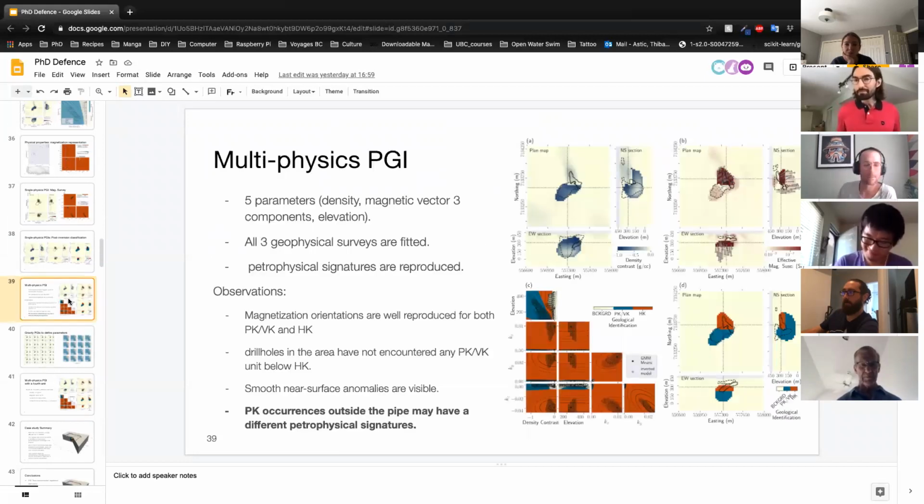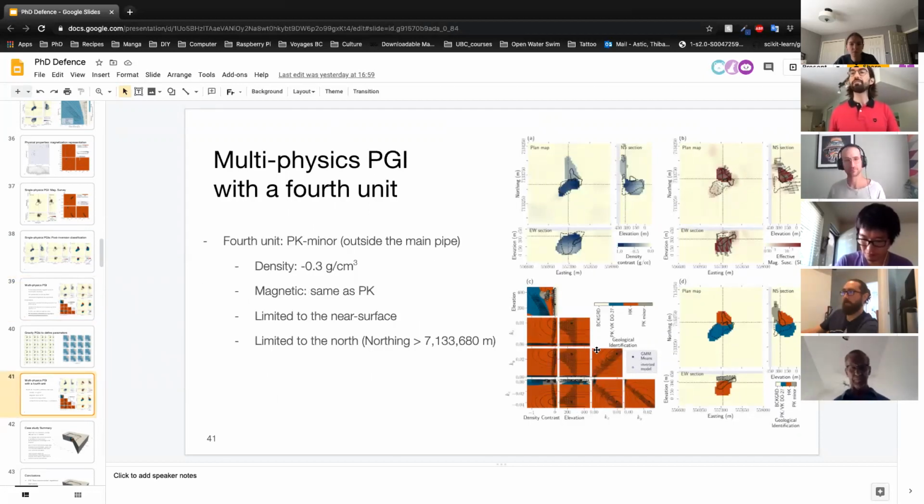Well, we kind of started to do that with that last inversion here. Do you still see my screen? Just to make sure. Yeah. What we did, actually, we have those two units: the pipe unit, and we have this near surface kimberlite.